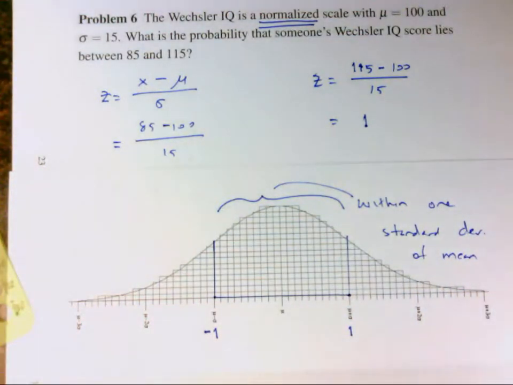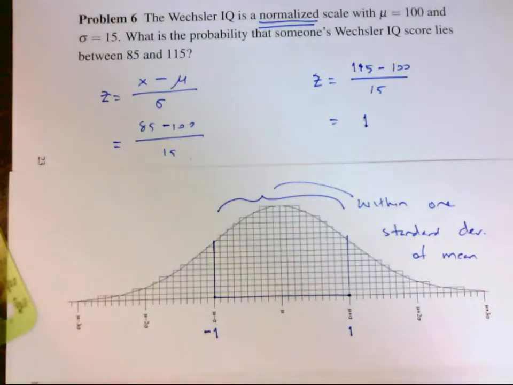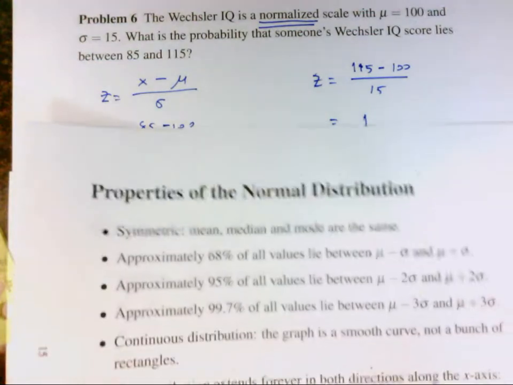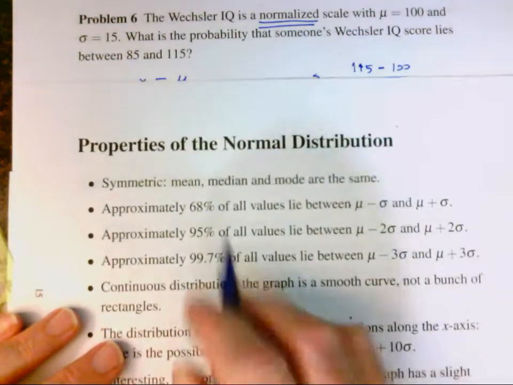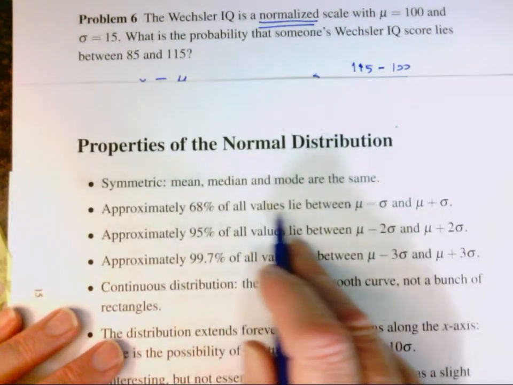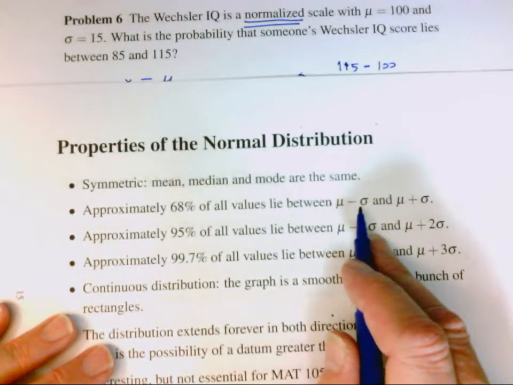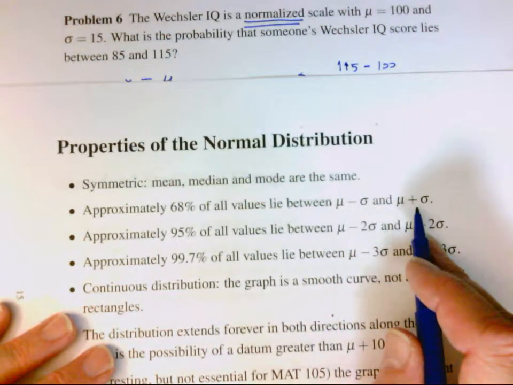And if we dig backwards to the very beginning of the lecture, we find in the properties of the standard deviation that approximately 68% of the data lie between a standard deviation below and a standard deviation above.